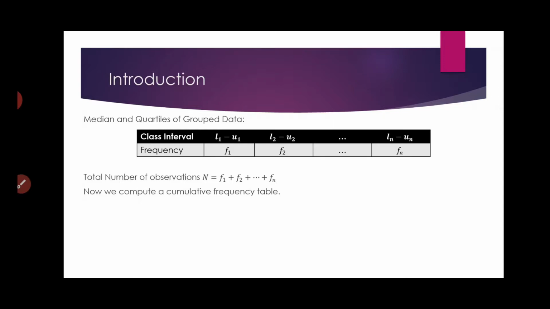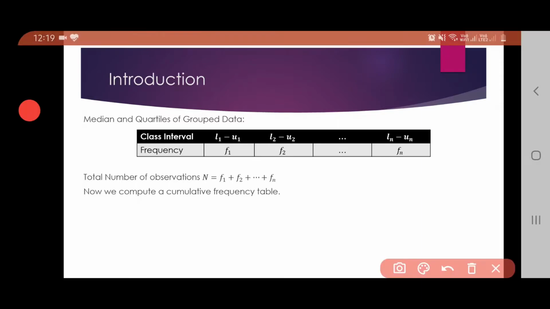In general we always compute the less than table. Either one is fine, it really doesn't matter, but I am considering that I have drawn the less than type cumulative frequency.